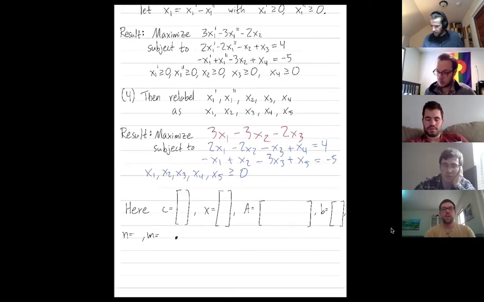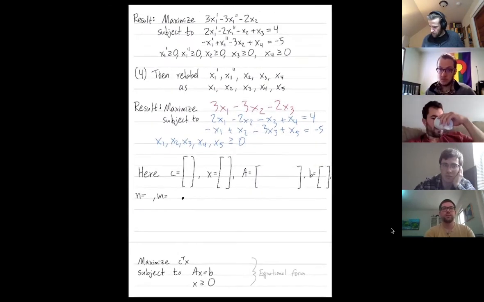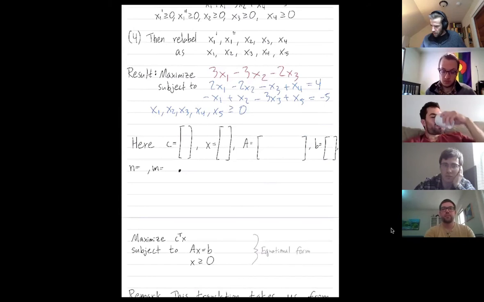Let's complete this story. Our vector C is coming from the optimization function. So it's 3x1 minus 3x2 minus 2x3 plus 0x4 plus 0x5.